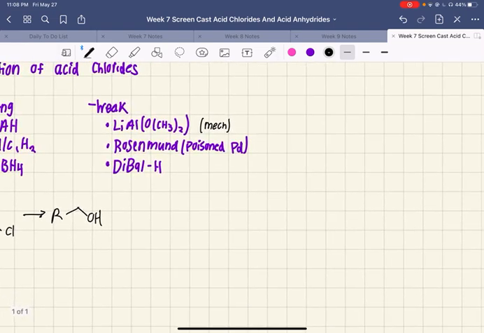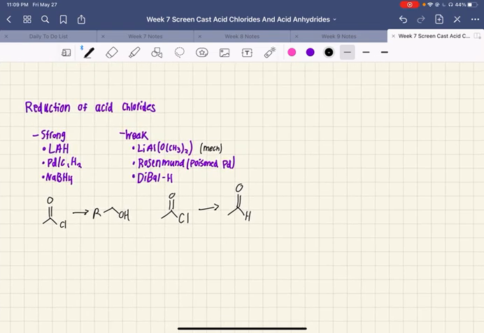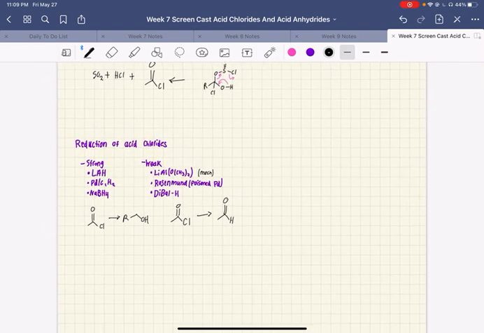Now the weak cannot, they're not strong enough to complete the reduction of the acid chloride into a primary alcohol. So it stops at an aldehyde, which is very unique and interesting because aldehydes haven't really been talked about much in the carboxylic acid and carboxylic acid derivative units.